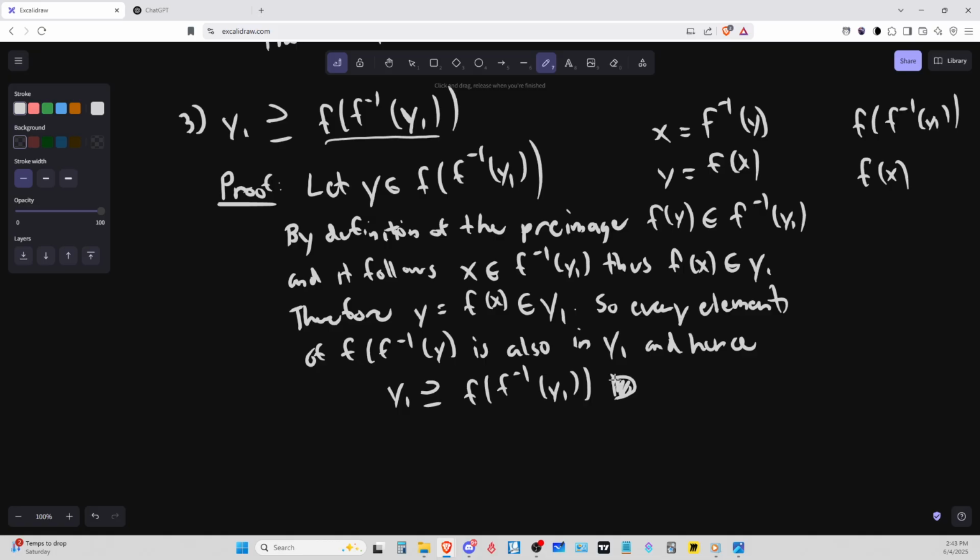I gotta actually solidify this in my head because I was struggling with this. So basically, by definition of a pre-image, y, the y's. How did they write this?